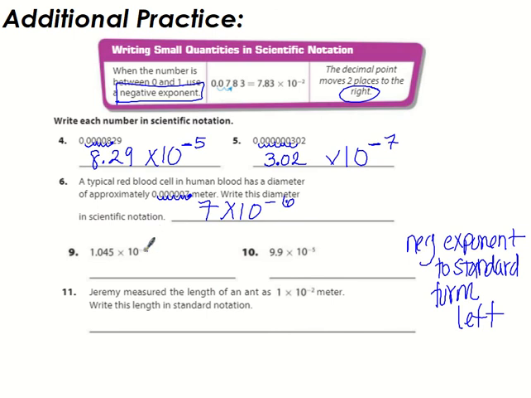So it says negative 6. So I'm going to go 1, 2, 3, 4, 5, 6. All the spaces get filled with zeros. So I have 1, 2, 3, 4, 5 blanks. I always like to put a 0 and then a decimal. I would suggest you do it too. And then we put all the numbers back. 1, 0, 4, 5. So you can see it's a really small number.